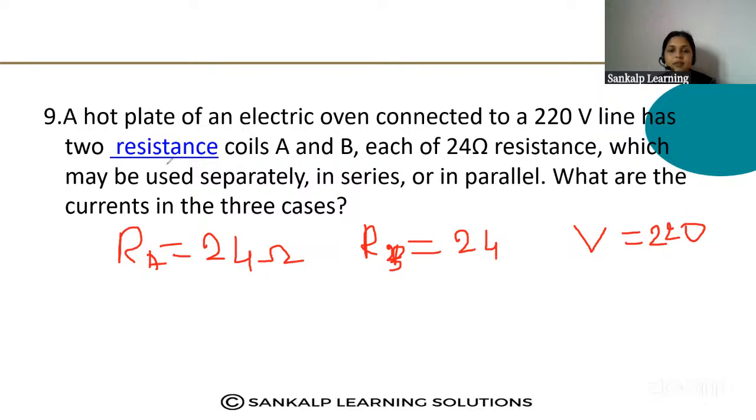Here, which may be used separately, in series, or in parallel. What are the currents in the three cases? When it is used separately, when it is used in parallel, when it is used in series. Here I will apply the parallel connection formula: 1 by Rp is equal to 1 by R1 plus 1 by R2 plus 1 by R3.